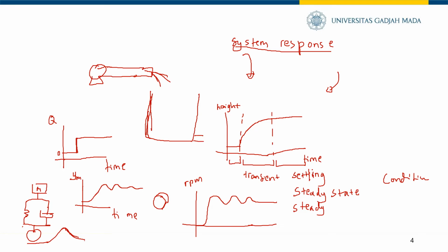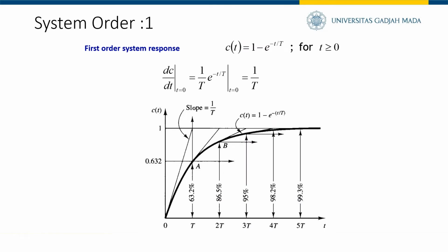In the next slide, you will learn how we identify or describe the system response in terms of several terms. The first thing we need to learn is how we define first order system response.